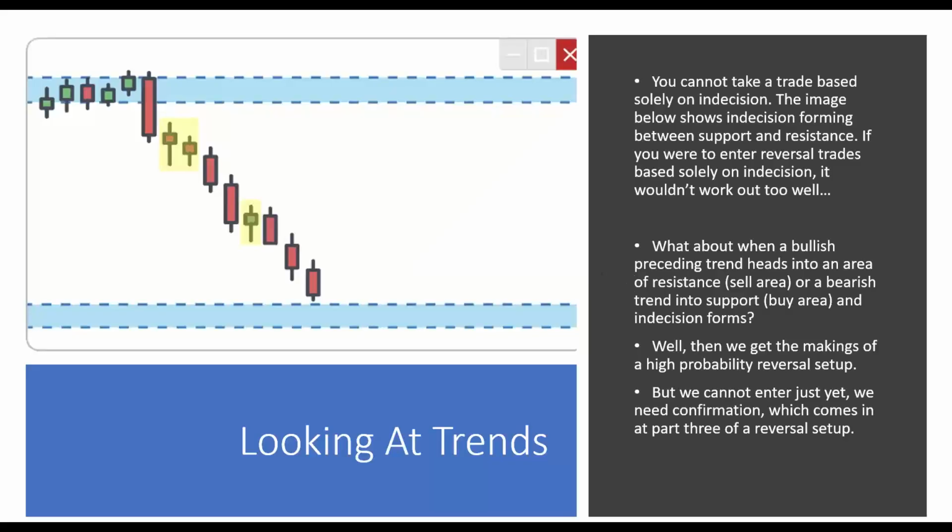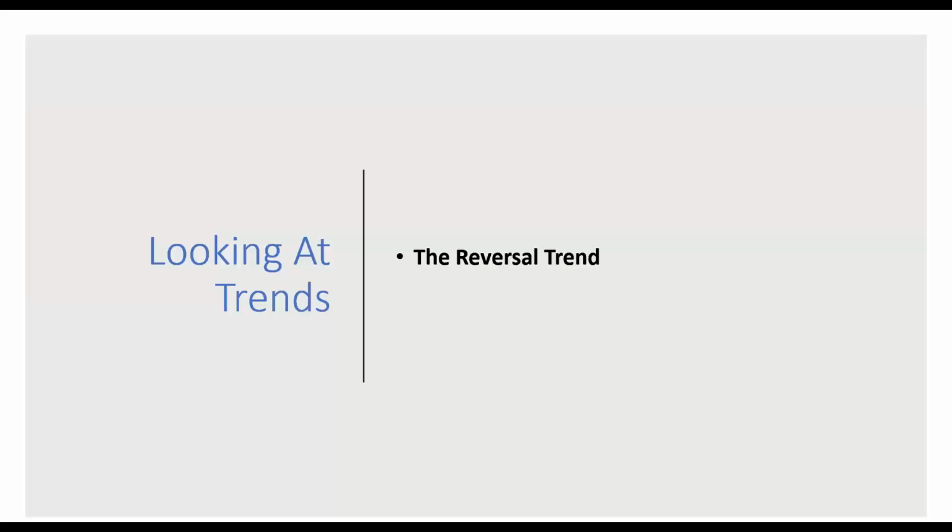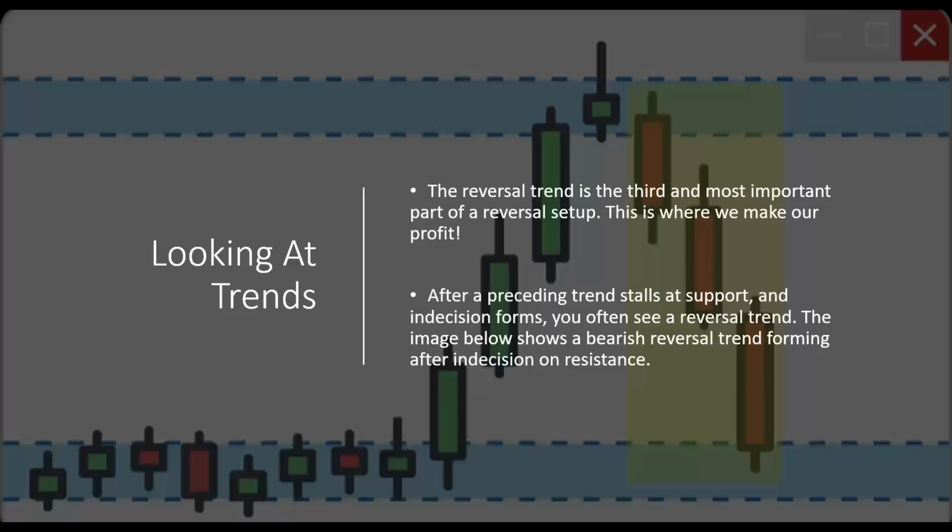So you cannot take a trade based solely on indecision. Over here, you can see all of these indecision candles forming in a natural movement of price. So you need the indecision candle to be directly on your level of support or resistance.